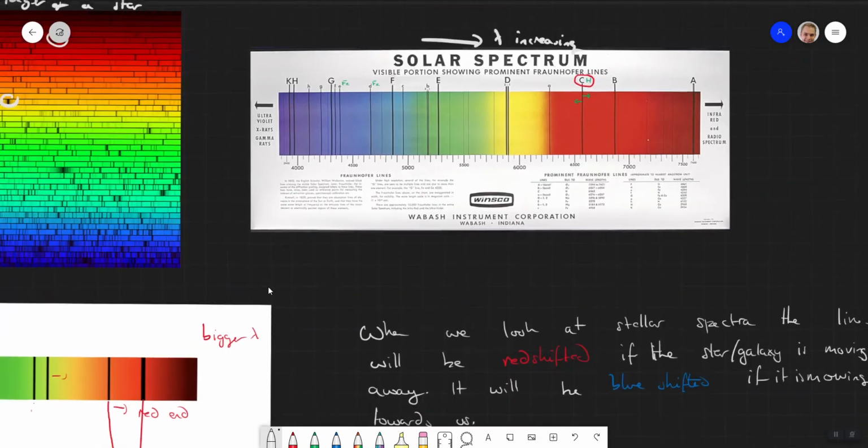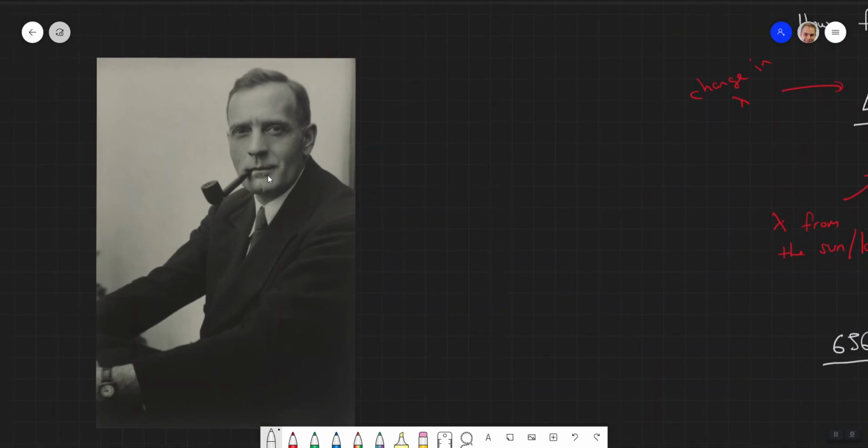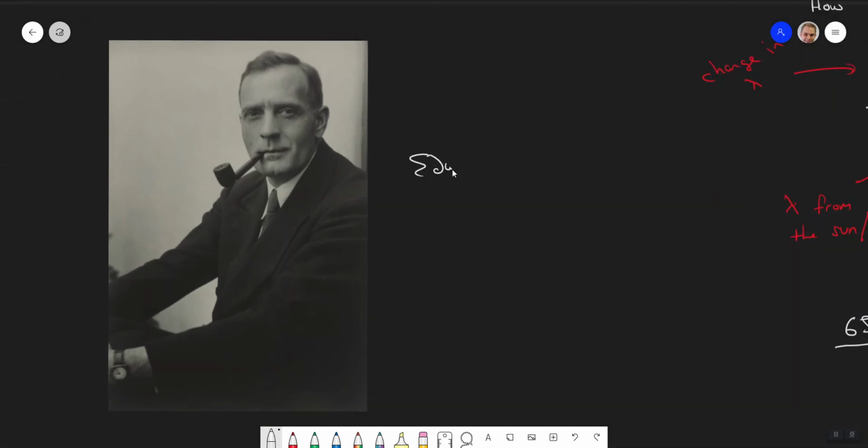So one of the things that was done a long time ago by this chap called Edwin Hubble, which is a great name, is he looked through his telescope, and he decided to look at different galaxies.